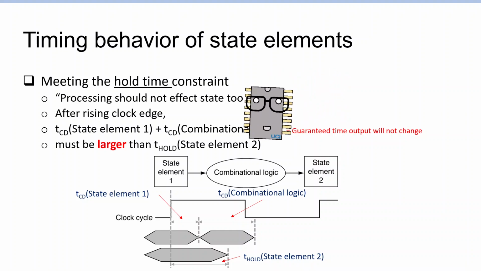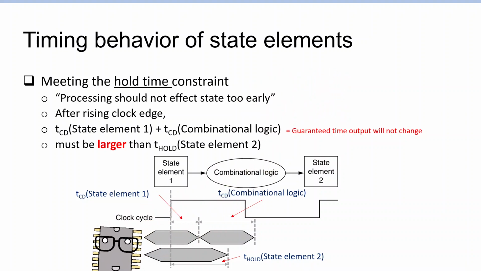This number must be larger than the hold time constraint of state element 2, because the hold time constraint says that for this state element to behave correctly, the input to state element 2 needs to be stable at least this amount of time after the new clock edge.